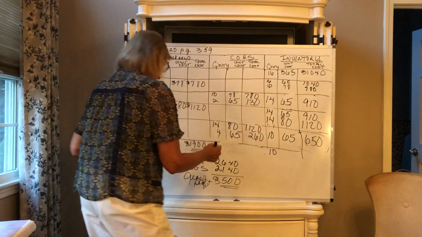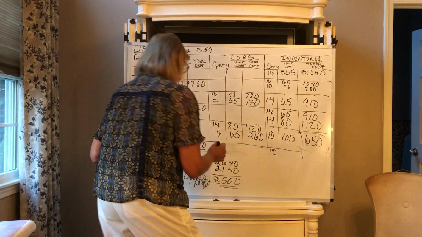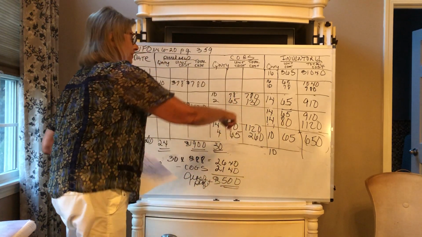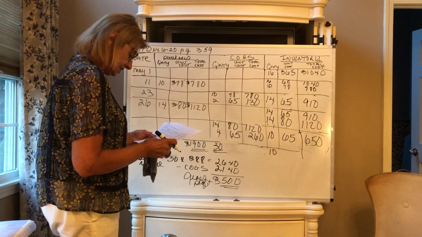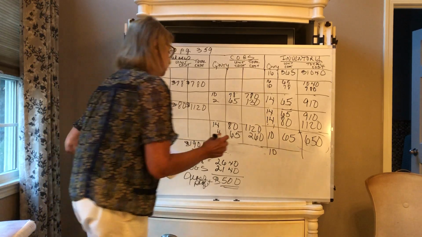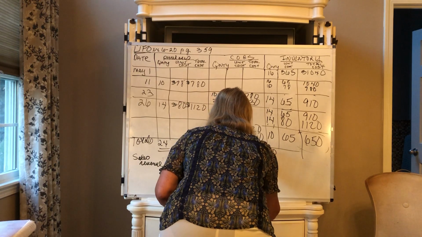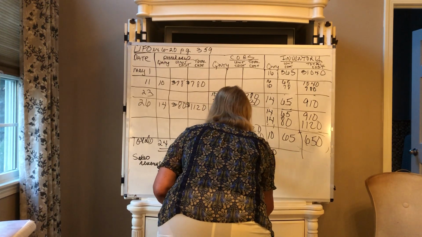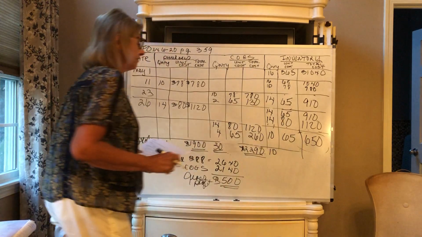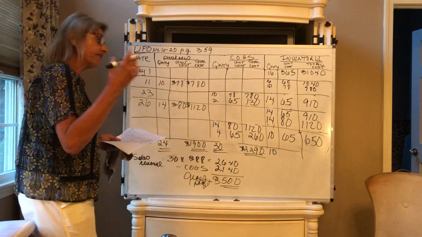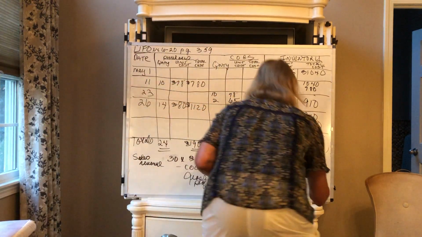The quantity we sold is the same, 30 units. But the total cost of goods sold is going to be $2,290, which is higher. We sold the newer stuff first. And the ending inventory is going to have the older stuff, so that's lower at $650.